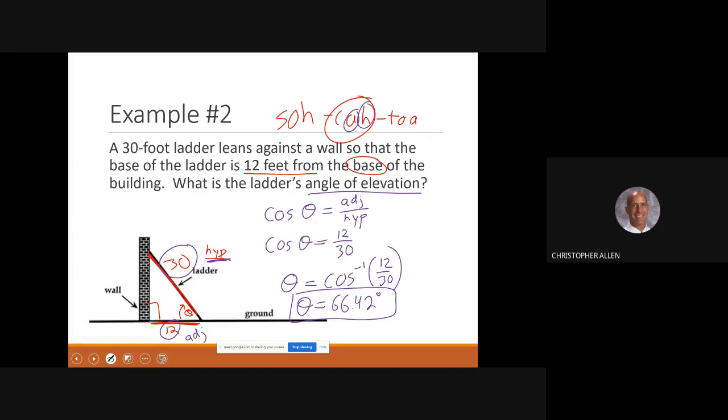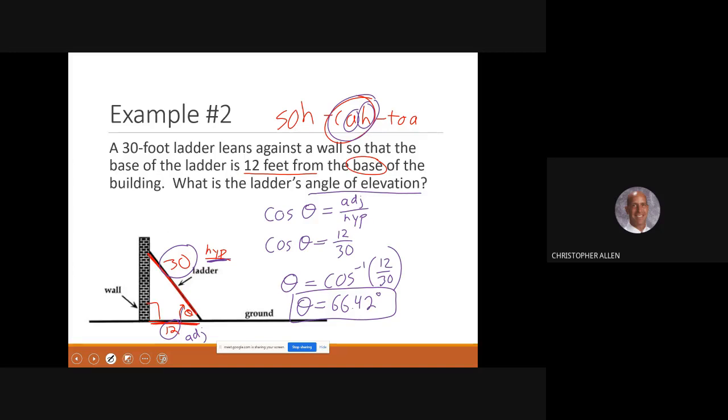Questions? Okay, so again, let me go through how I did this problem. I put the numbers that went with the picture. Then I had to figure out that this was the cosine ratio that I needed to use, which is adjacent over hypotenuse.